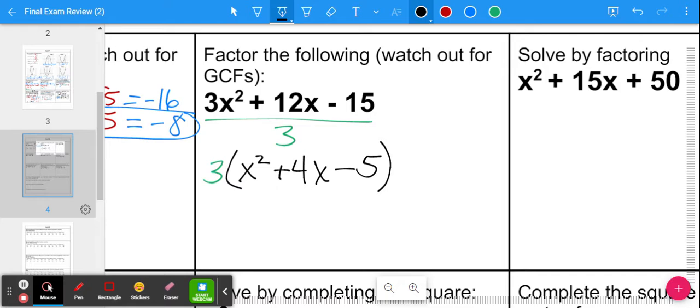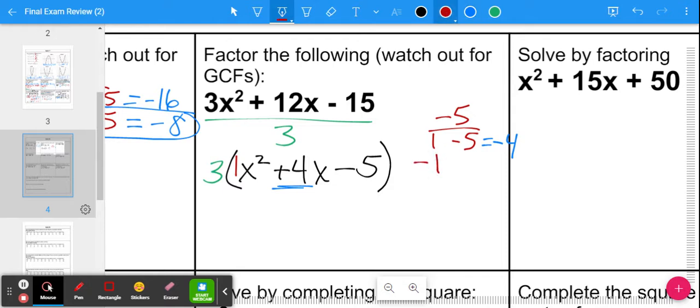So now I can figure out my a times c adds up to b. So a is 1, c is negative 5. The only way to make a product that's negative is if you multiply a positive times a negative. So I have 1 times negative 5, which gives me negative 4. That's not my b value. My b value is positive 4.